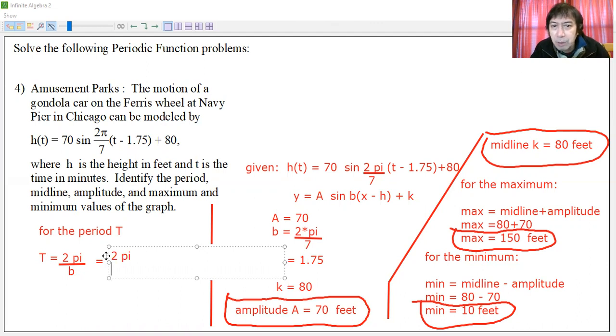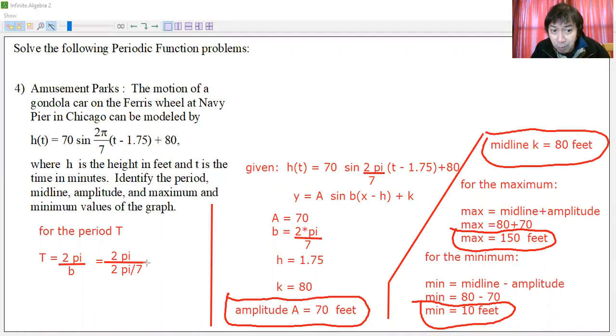Our b is 2 pi over 7, right here at the center. So this will be 2 pi divided by 2 pi over 7. All right. And so the 2 pi cancels out with the 2 pi.